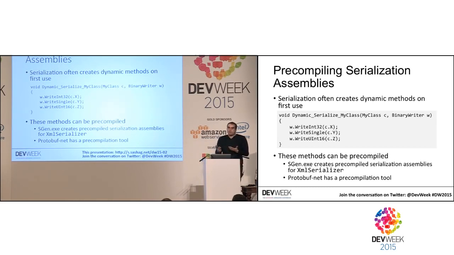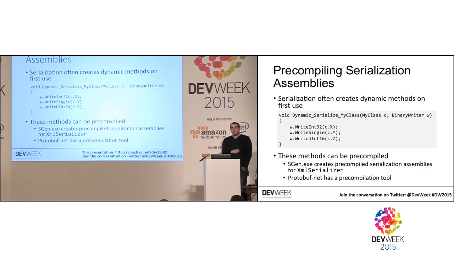Now, it's obviously important to do this compilation at runtime. You can throw any type at a serialization framework, and it has to be able to react. But the problem is that the first time you try to serialize or deserialize something, you're going to pay the cost of this dynamic compilation step. So here's a hypothetical example.